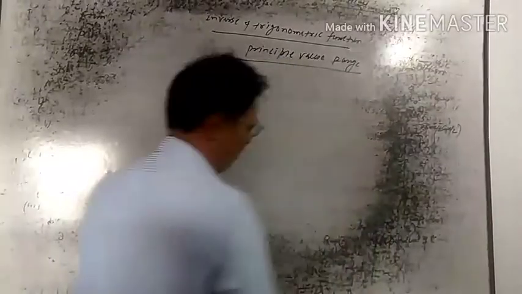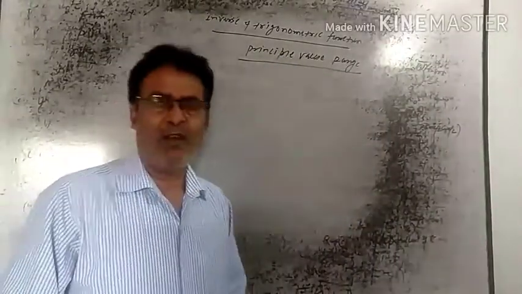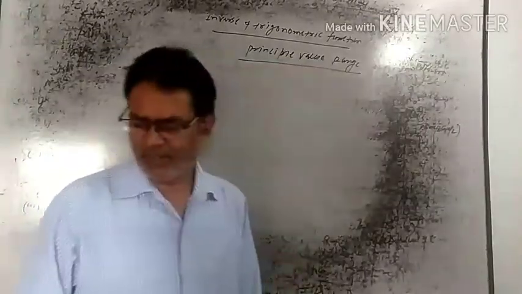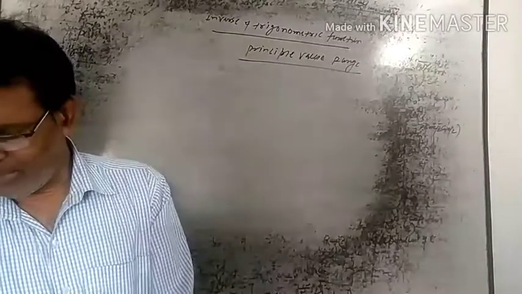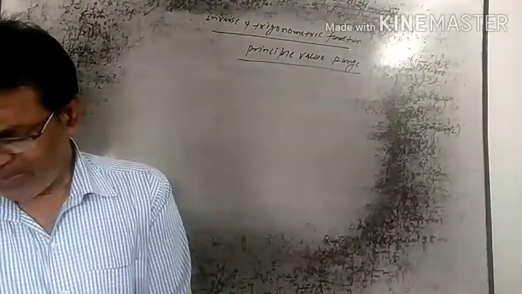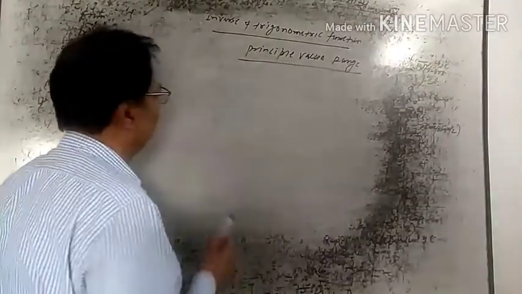So if a function is one-one and onto in all the points of an interval, this interval is called the principal value range of inverse circular function. So what are the principal value ranges of inverse trigonometric functions?